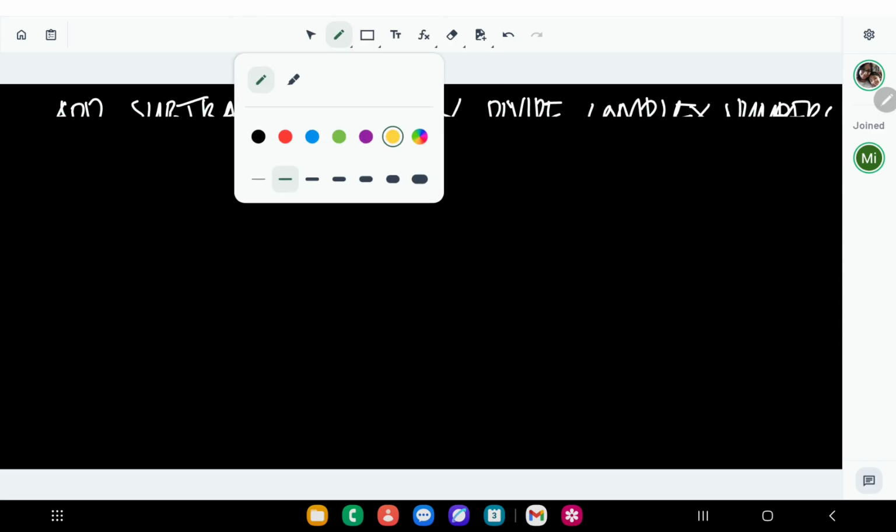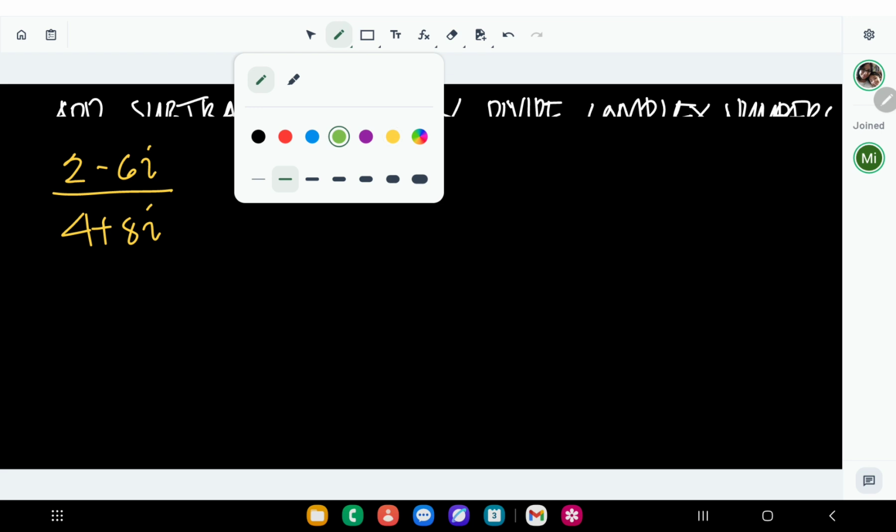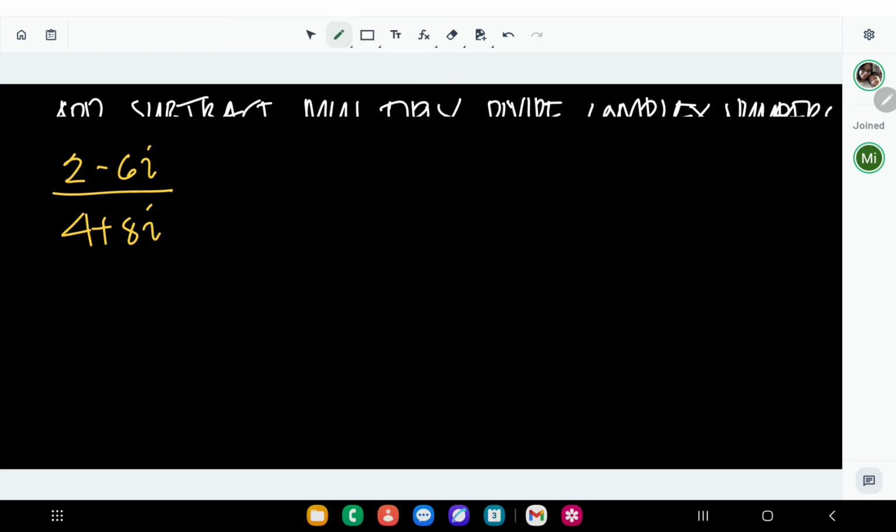Alright, so what if you're given 2 minus 6i over 4 plus 8i? What is the denominator here? And then what are we going to do to divide this?